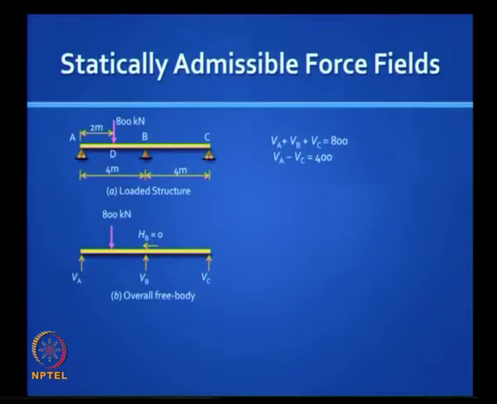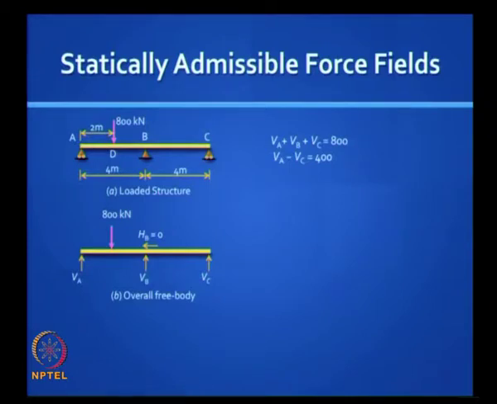If you apply sigma Fy equal to 0, it would turn out that Va plus Vb plus Vc will add up to the applied load 800 kilonewton, and if you take moments about the point B, for example, you can show that Va minus Vc is 400. That is all that you get. You can write down more equations, but they will be linearly dependent. So this is not enough to solve the problem.